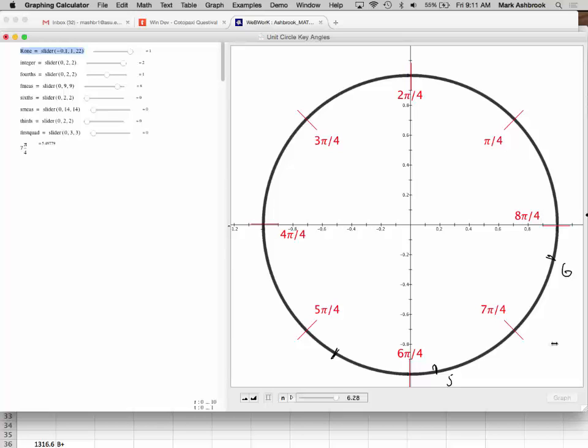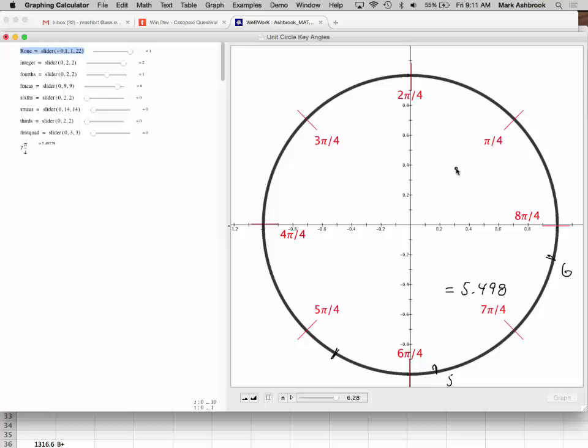What is it? 5.49, one more decimal place, 8. So 7 pi over 4 is very close to the number 5.498, which is the number of radius lengths, starting at the 3 o'clock position, to get to that point on the circle. Okay, so remember that these symbols with the pi's in them are still numbers that have meaning.